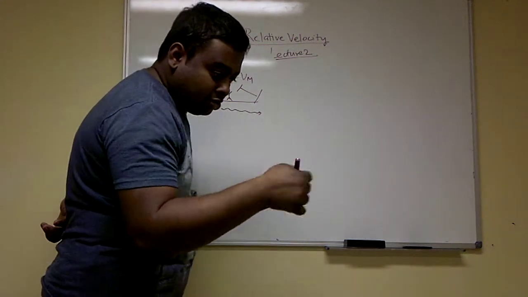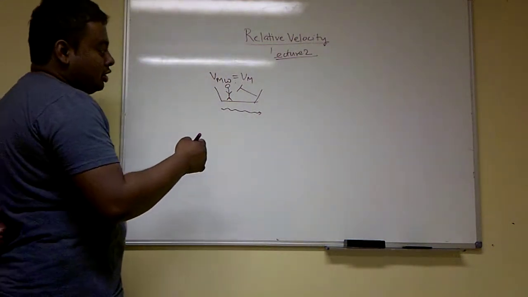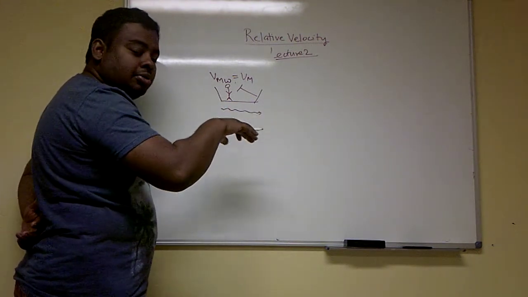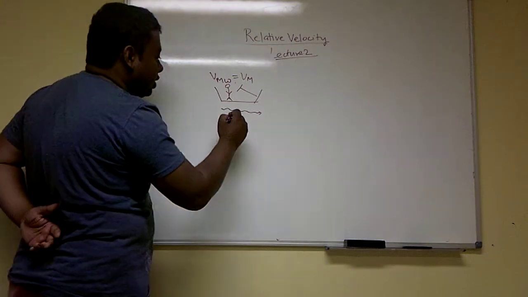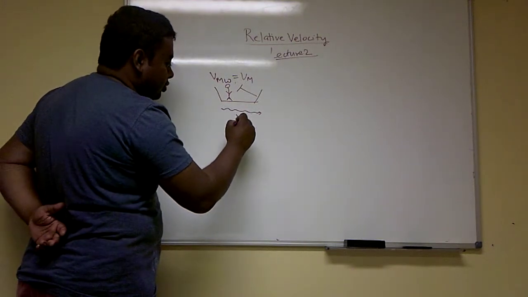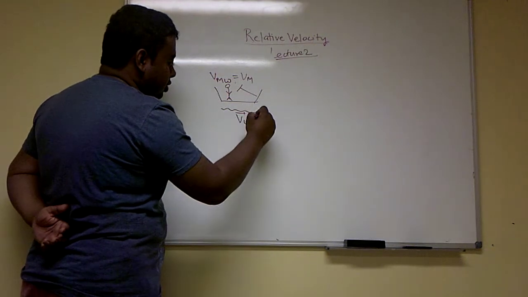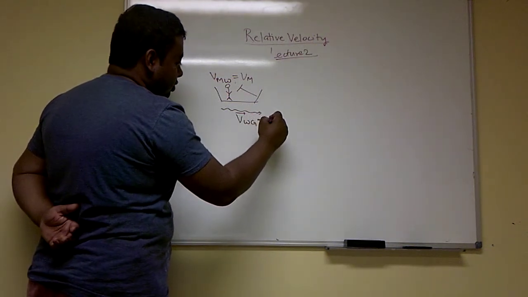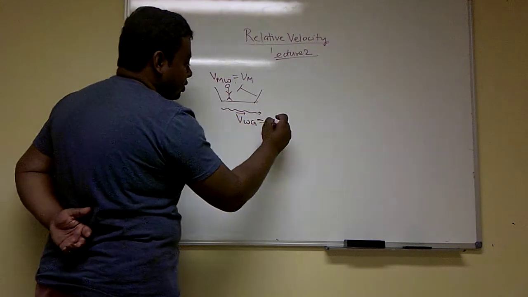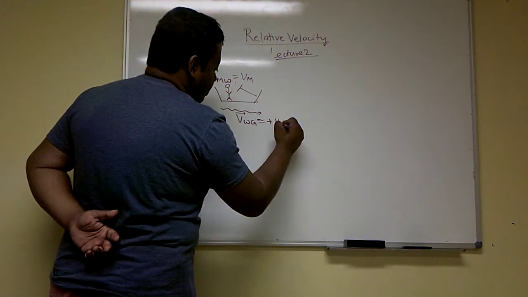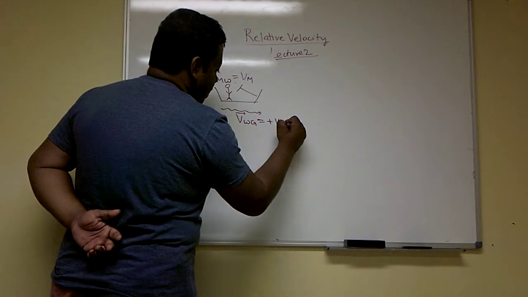In that question, it is said that the stream is downstream in nature. So the velocity of water with respect to ground is, let's say, plus v i cap.